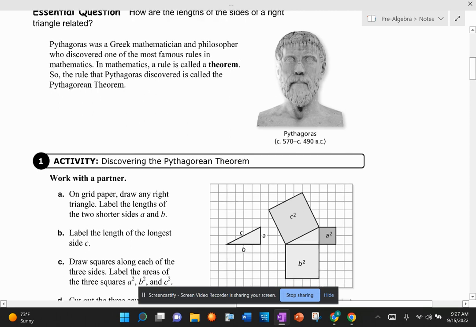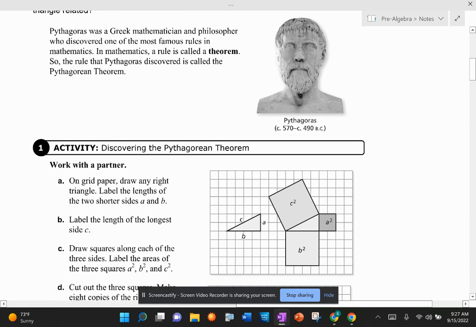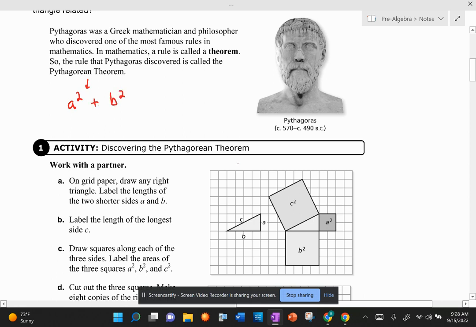Okay, my suggestion is to write this down. Pythagorean theorem is a squared plus b squared equals c squared.